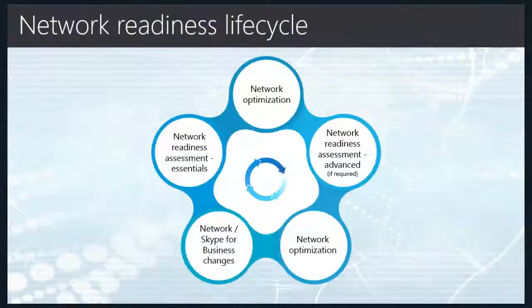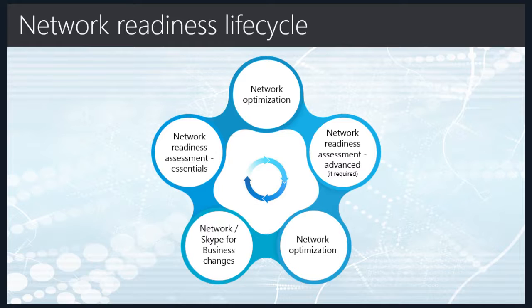So let's talk about the network readiness lifecycle. On the left, that's where we'll start. We'll do a network readiness assessment essentials. This is basically the litmus test, so to say. You'll go in, you'll do a basic test, you'll verify that everything's on the up and up.